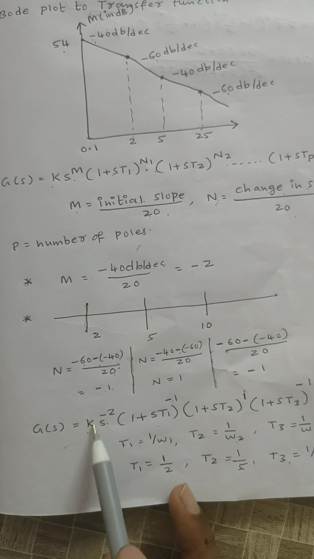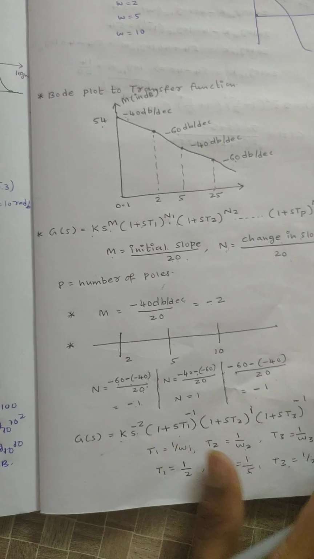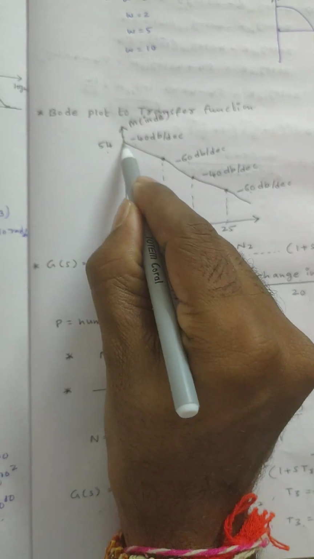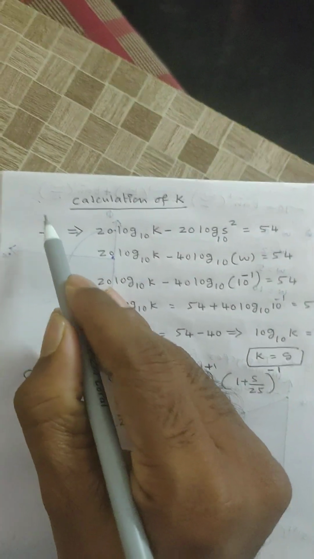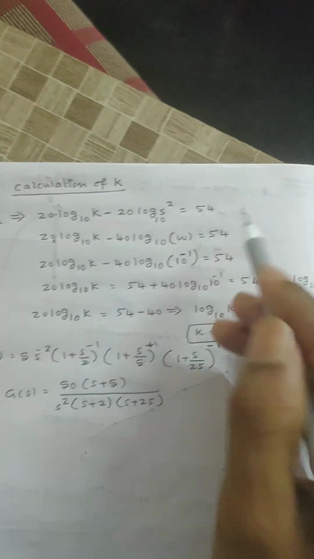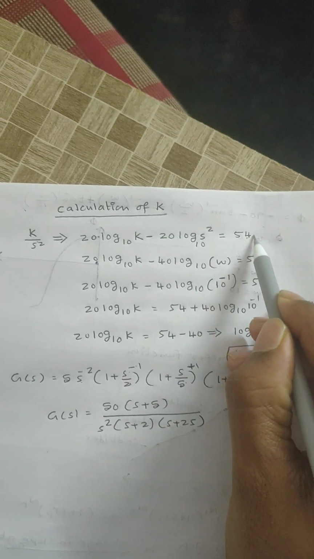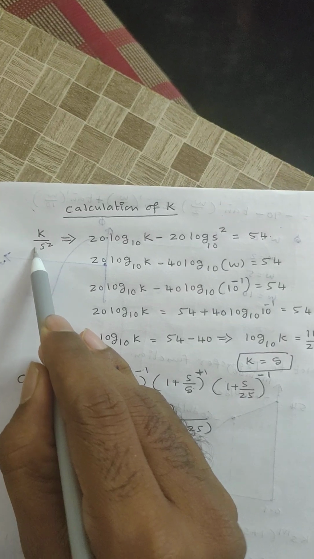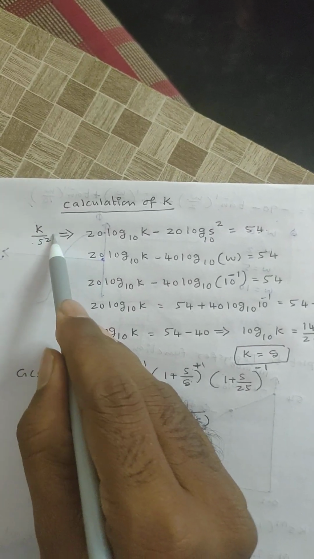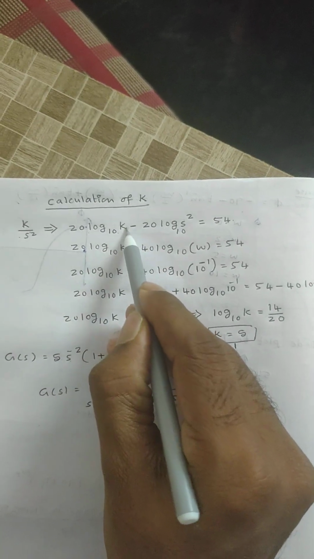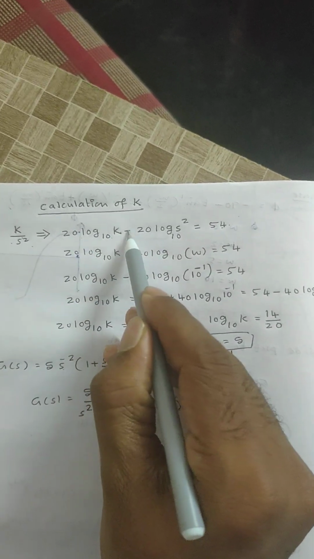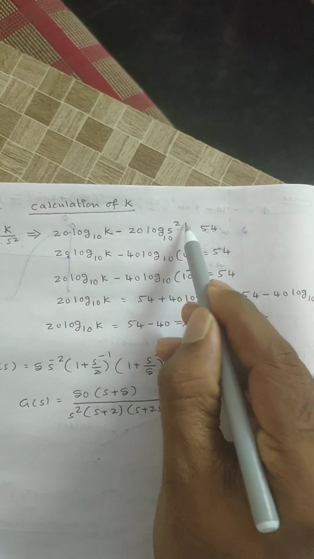Now see here, I need to calculate the k term. Calculation of k is important. Here at this constant, what is the dB value? 54 dB, right? The initial slope is k by s square. To calculate this k value, 54 dB is equal to k by s square. This value in terms of dB is 20 log 10 k, and the denominator is s square, that means minus 20 log 10 s square.